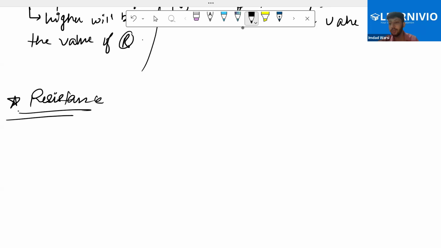It opposes the flow of current through it, and is called resistance.